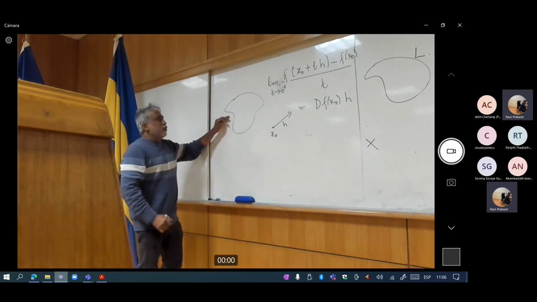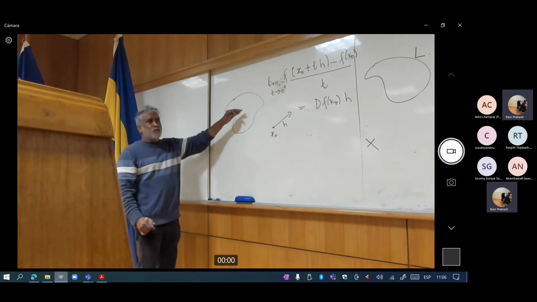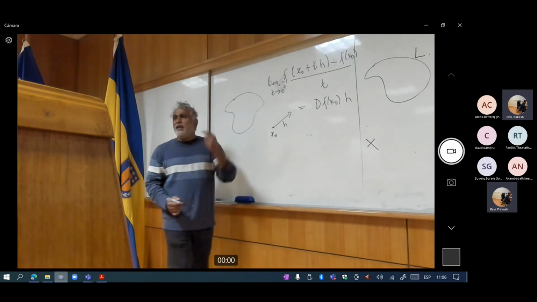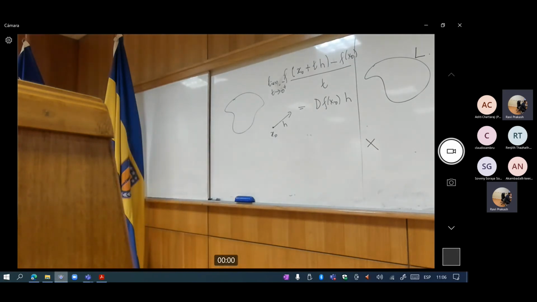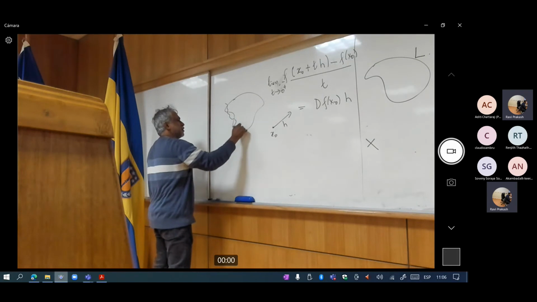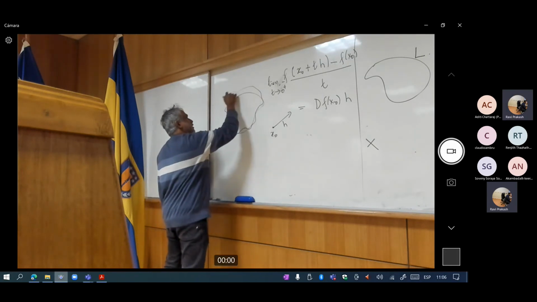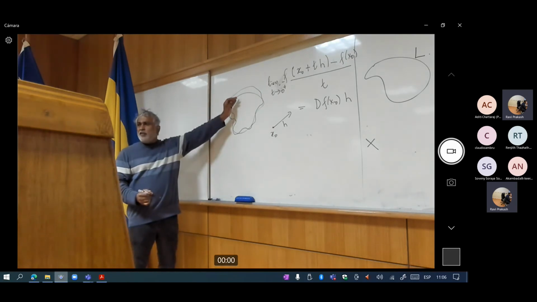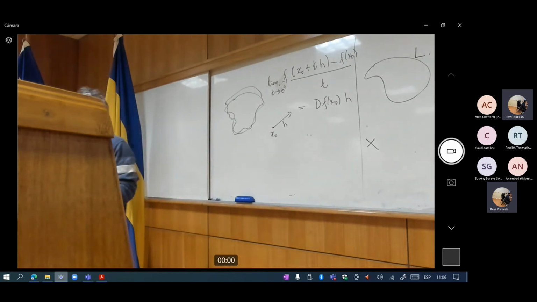And if you have a domain, how do you do the same thing? Instead of a fixed vector, you take a vector field, because now the points will vary when you change the shape of the domain. You take a nearby shape.